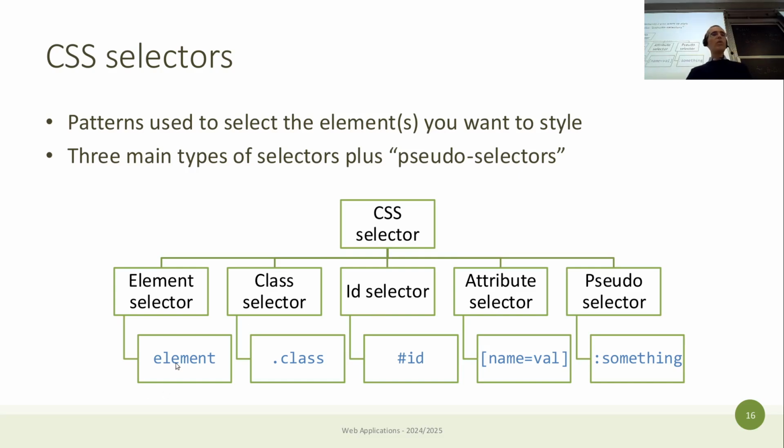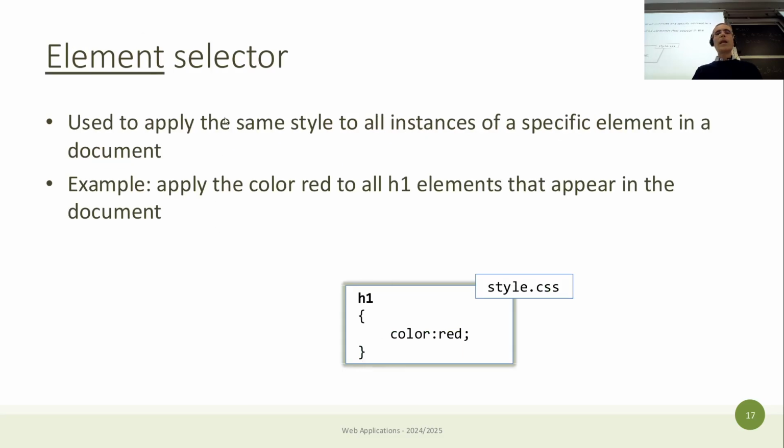Of course, we have the element selector, that's the name of the HTML tag, so all the names that we saw during the previous lecture: the body, H1, P, paragraph, table, etc. But you can also have class selectors, ID selectors, attribute selectors, pseudo selectors. Now we will see what they are. Element selector, that's easy, right?